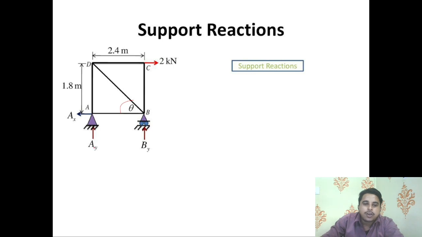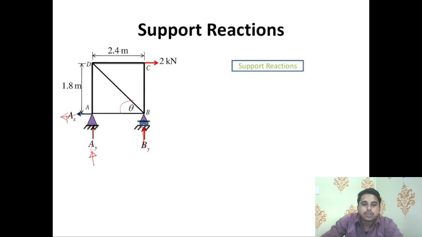Because of the hinge support provided at point A, there are two reactions, one vertical reaction and second one horizontal reaction. Because of the roller support, there will be only one reaction, that is vertical reaction.